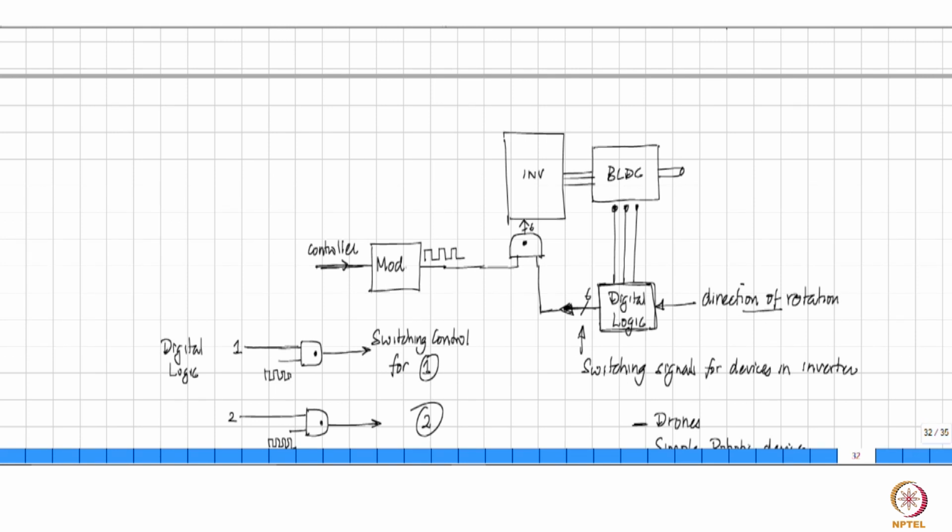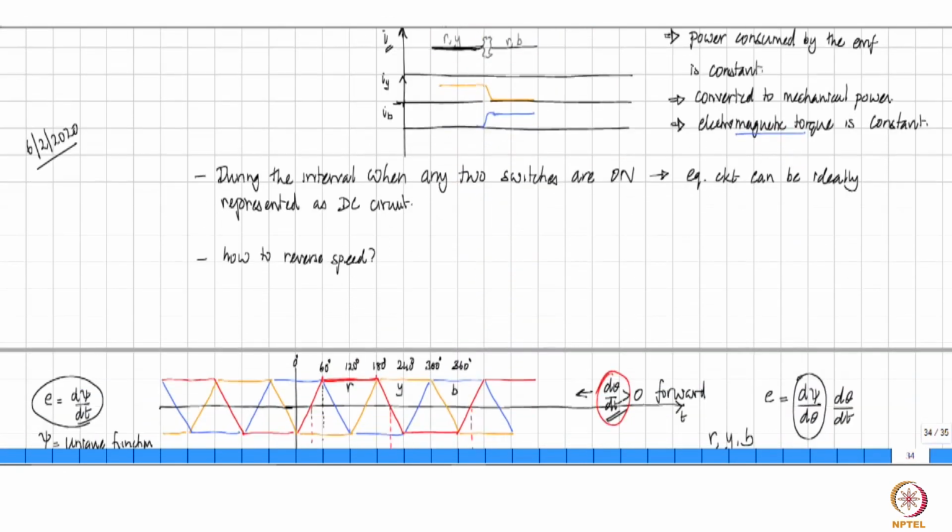So depending on what the direction of rotation is, you have to select an appropriate function which will determine when a particular switch has to be on. So for example, for switch number 1, you have defining functions which are either H1 and H2 bar or H1 bar and H2. Which one will you select? That depends on what is the direction of rotation you are going to have. Right? So based on that, then you have to select the switching instance.